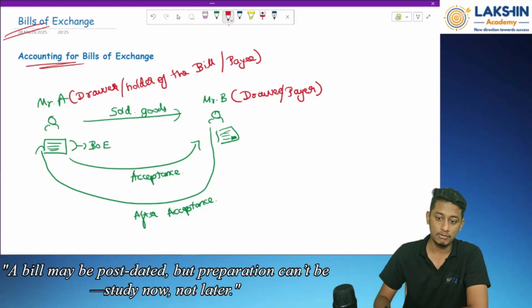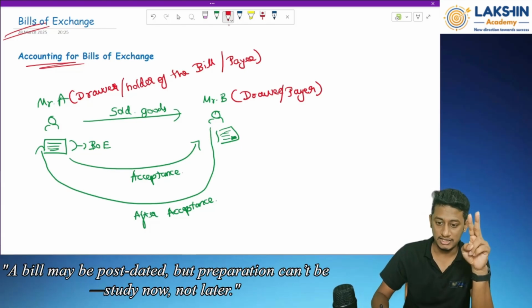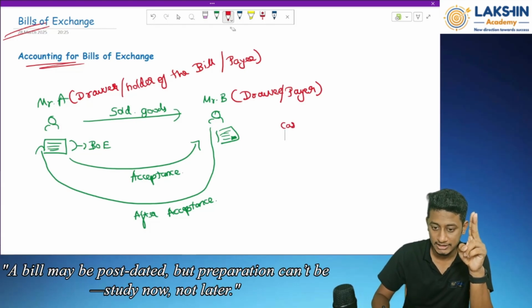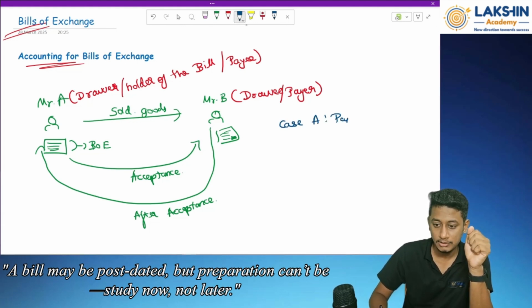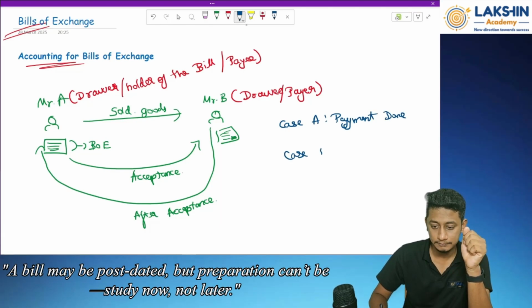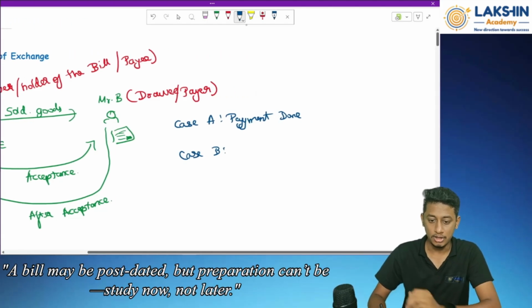Fine. Now going ahead. So there were two conditions. Case A: payment done. Case B: payment is not done.